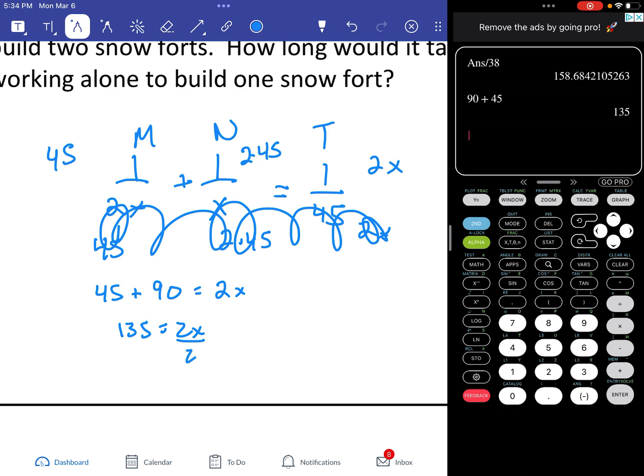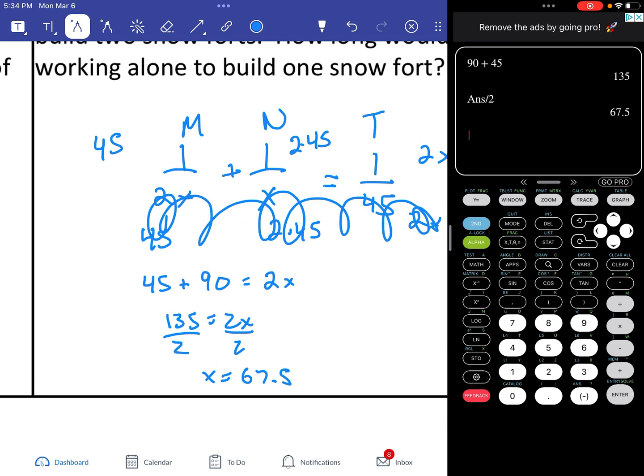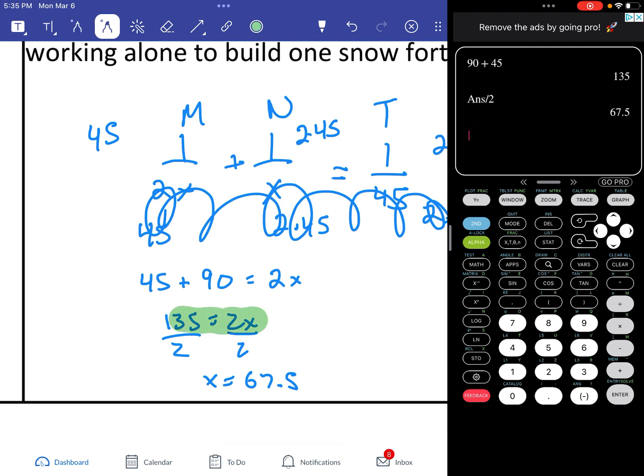Or sorry, by 2. X is equal to 67.5. Now, here's the tricky part about this one also. It doesn't ask us how long does it take Nikki to make a fort. It asks how long would it take Mario working alone to build a snow fort. Well, this part of our equation right here is Mario.